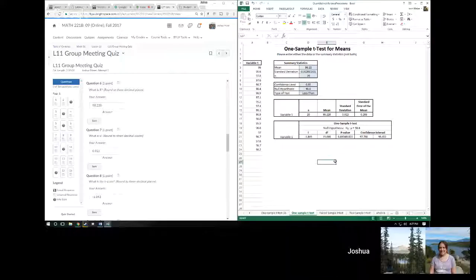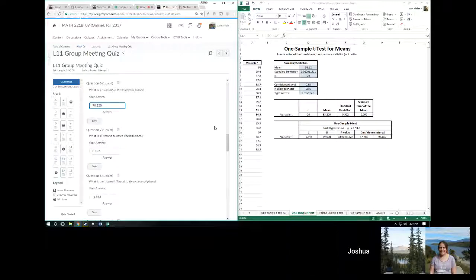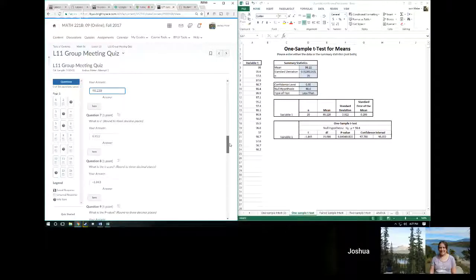Okay, so 98.22. Correct. Well, yeah, my bad. I put a 0 at the end because it's around the 3 decimal places, and I just wasn't thinking. Oh, I don't think it matters though. I don't think it matters either.